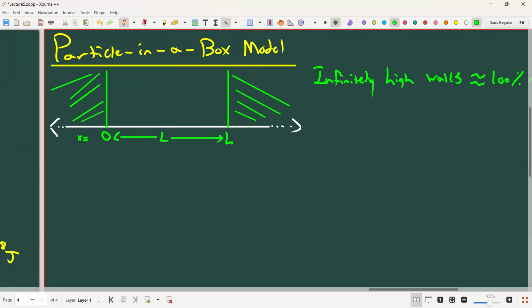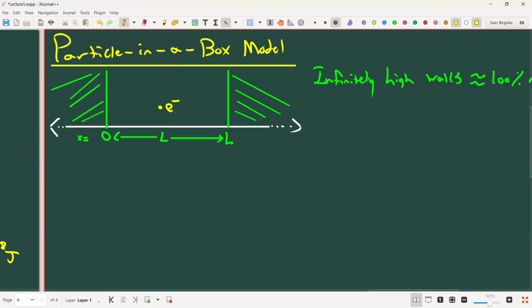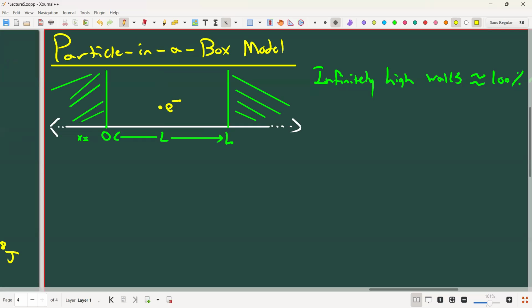Okay, so inside of this box, I'm going to place my electron. We're going to go through the same process that we did with the free particle. We're going to write down an energy operator for it and solve for the wave functions that satisfy that energy. Now, if you think about this problem, it's really not that much different than the free particle, right?